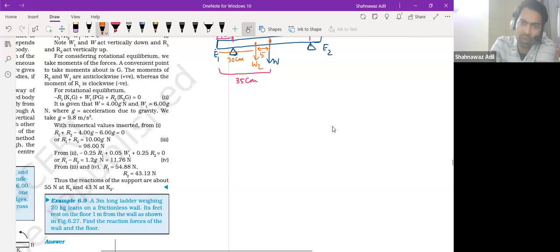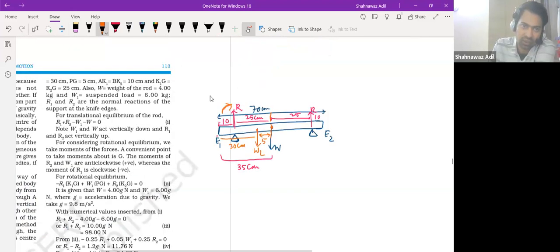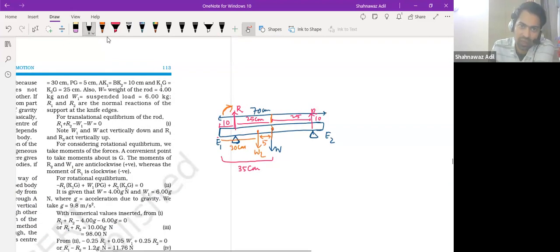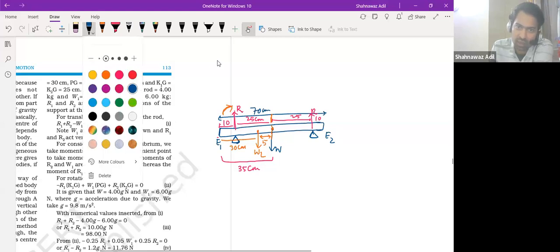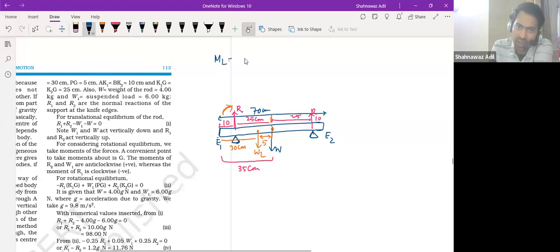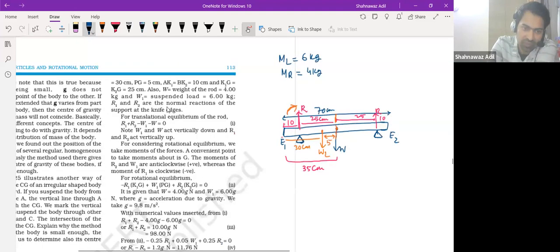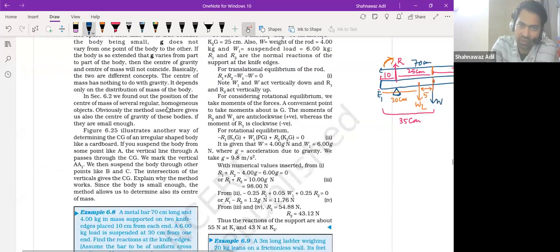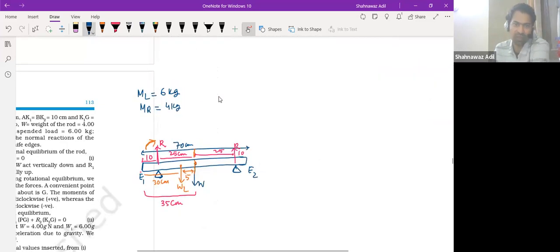We know that the load mass is 6 kg and the rod mass is 4 kg, right? So now we have every piece of information, and now let us write it clearly.